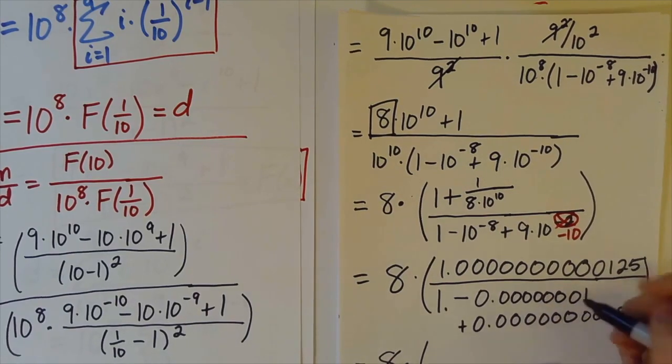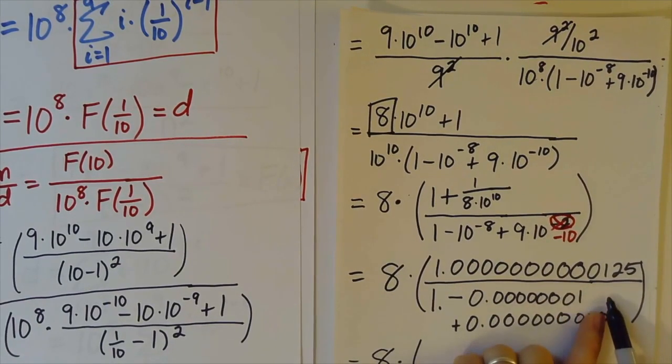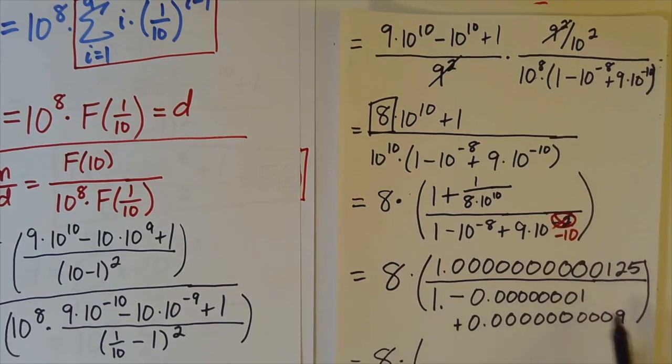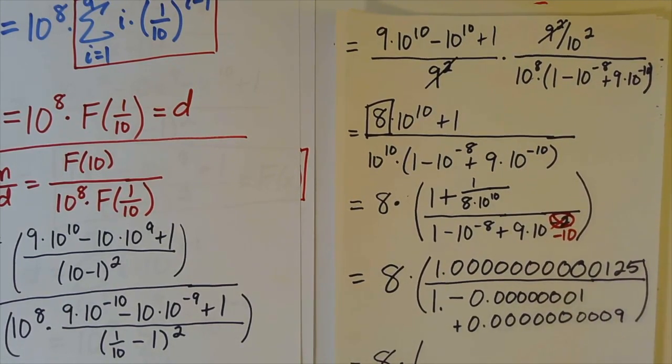So if I were to line this up properly, this 1 would end up here. So I end up subtracting a total of point a bunch of zeros 9, 1.